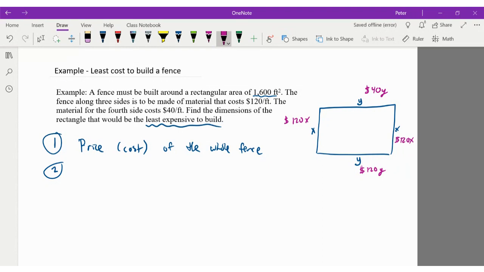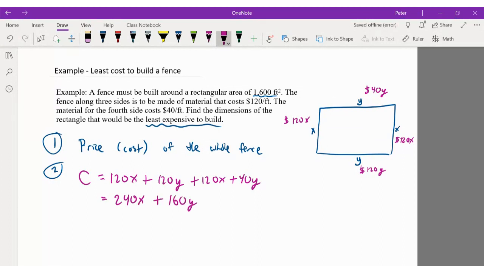So let's just go over how you would do this. In order to find the cost function, what you need to do is add up all the sides. So the cost is going to be 120x plus 120y plus 120x plus 40y, equals 240x plus 160y.